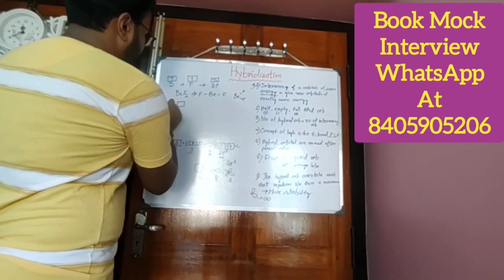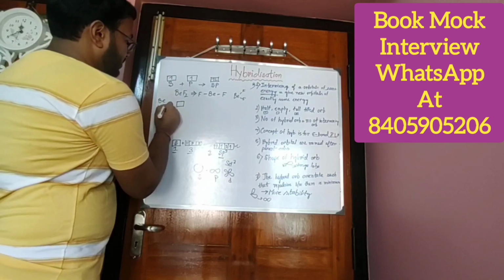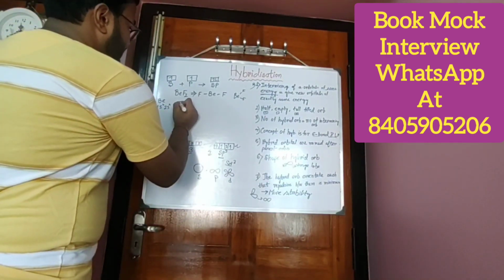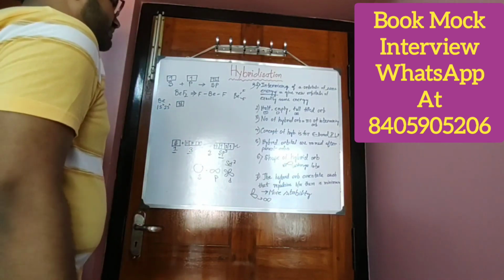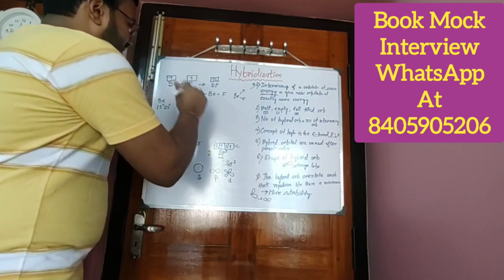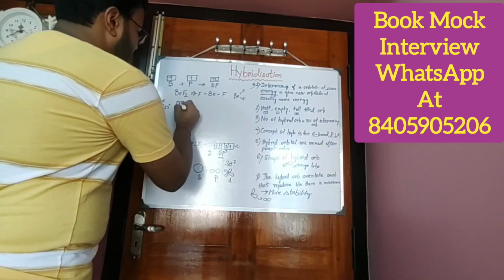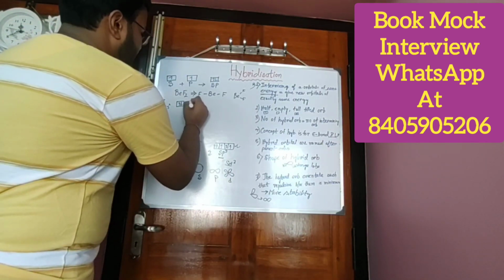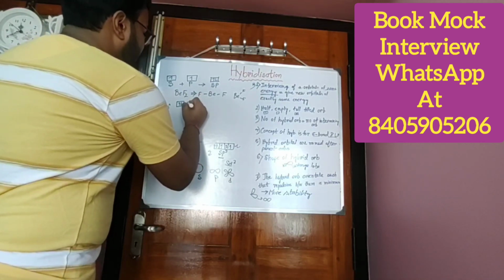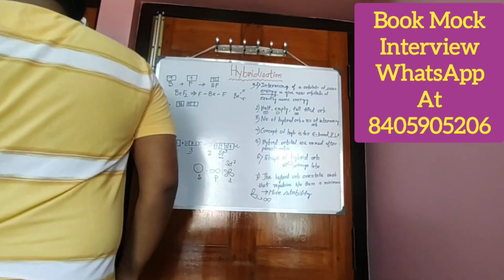The electronic configuration of Be is 1s2 2s2, so there are no unpaired electrons in the s orbital. But for making the bond, one electron will transfer into the almost same energy p orbital.